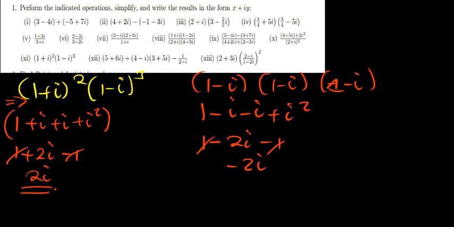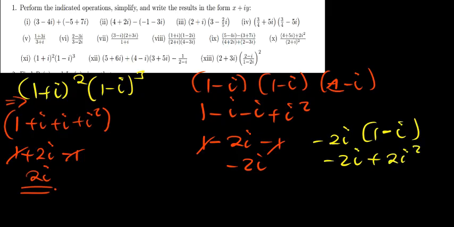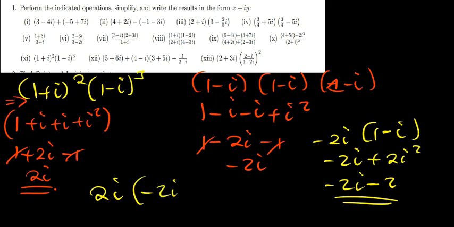Let me use a different color here now. I have negative 2i times 1 minus i. So negative 2i times 1 is going to be negative 2i, then this will be plus 2i squared. So it will be negative 2i minus 2. Now I need to multiply, so it's like I have 2i open brackets negative 2i minus 2. So I multiply. This times this is going to be negative 4i squared minus 4i.